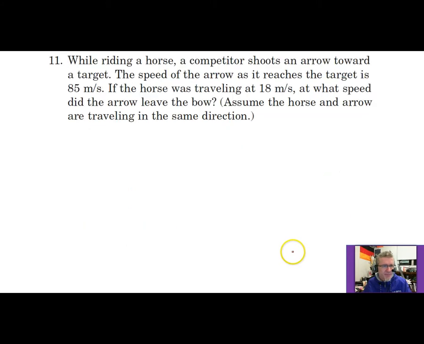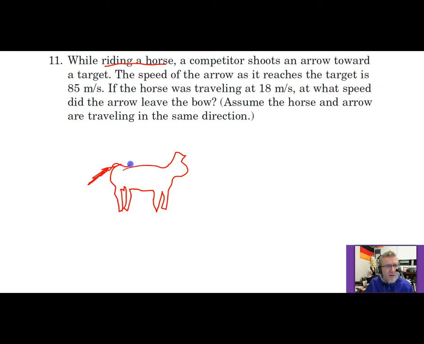All right, last question. You're riding a horse. I'm not going to draw a horse. Well, I'll give it a try. You're on the horse. You have a bow. You have an arrow. You shoot the arrow.